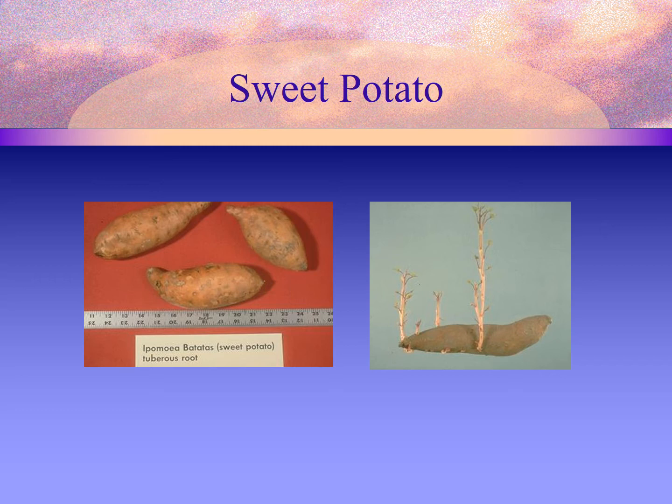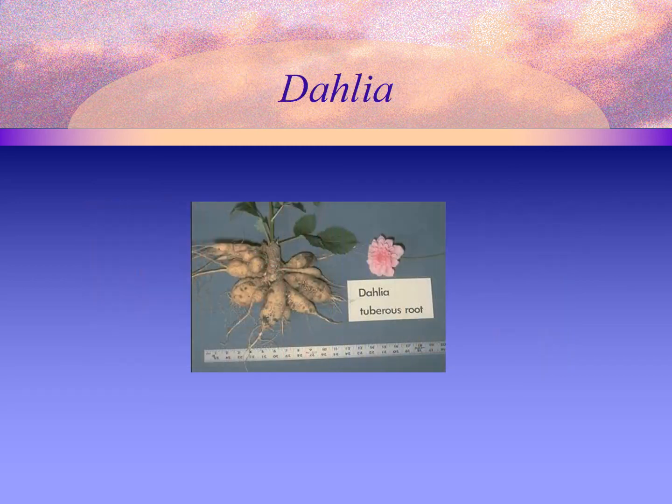If you look at the picture on the right, you can see that the sweet potato tuberous root has formed some adventitious shoots. And this is a picture of dahlia. We've seen this picture before earlier in class. So dahlia is another example of a plant that forms tuberous roots.